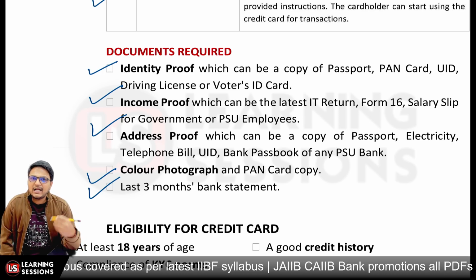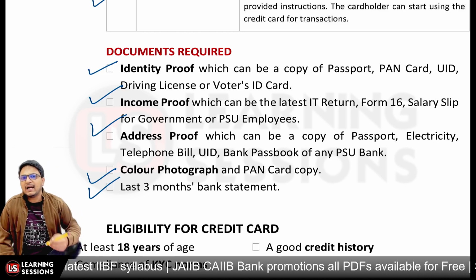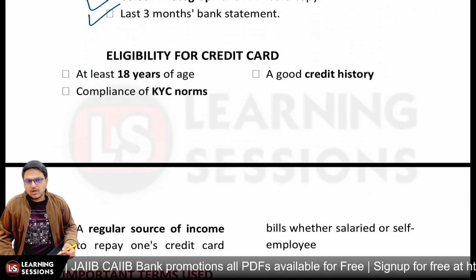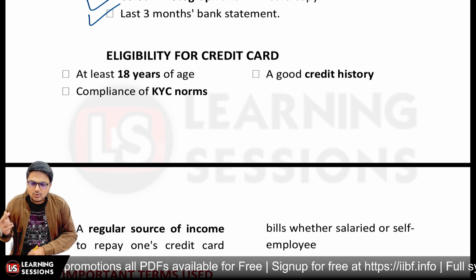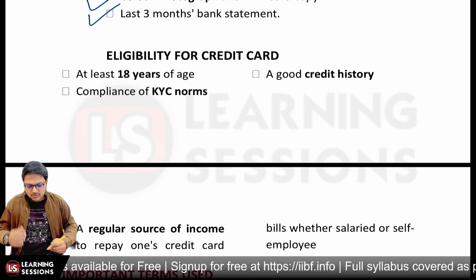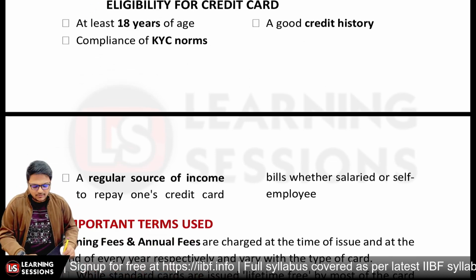If we talk about the identity proof, OVDs can be accepted, right, as available, and color photographs are to be taken. And further, it's related to eligibility for credit card. Now, if you're aged 18 or above, you're eligible for the same. You must be having a good credit history with you. You should not be a defaulter, and further, you must be having a regular source of income with you. In that scenario, you will be eligible for the credit card.